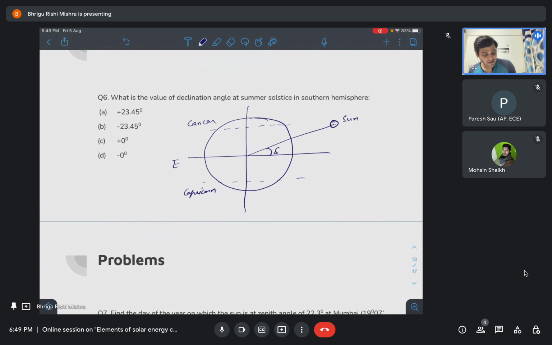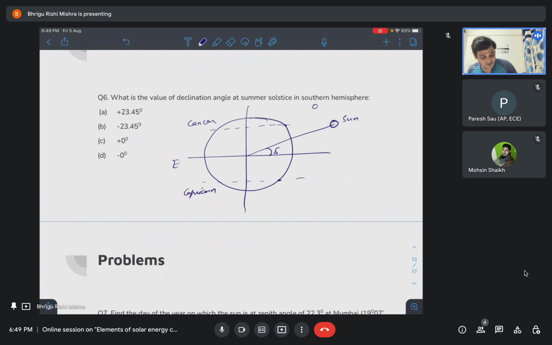The maximum angle it subtends is here, where the sun radiates normally to the Tropic of Cancer, and beyond that sun rays will never be perpendicular to the earth's surface. In the southern hemisphere this position is the maximum it reaches.